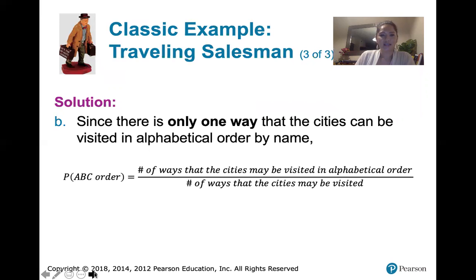So the probability of visiting those cities in alphabetical order is the number of ways that the cities may be visited in alphabetical order, which is 1, divided by the number of ways that all 5 cities may be visited. So that's 1 out of 120, and that's our probability. So that is a classic example of the factorial rule.